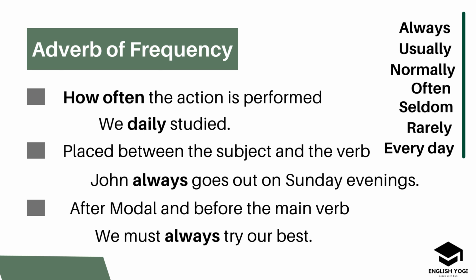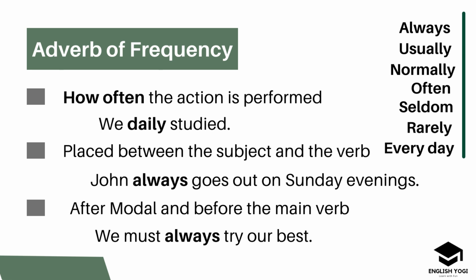Here we can see the rule: an adverb of frequency is placed between the subject and the verb. And when we are using a modal and main verb in the sentence, we place it between them: we must always try our best.